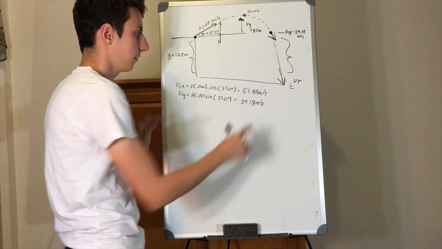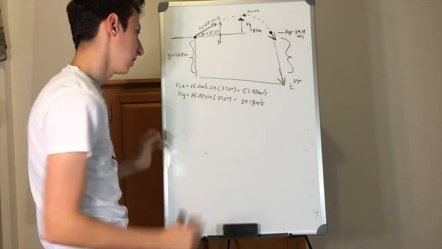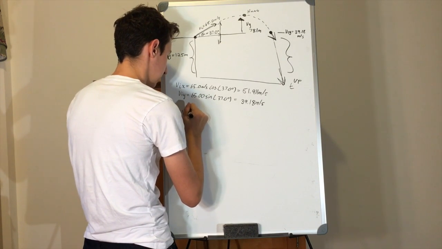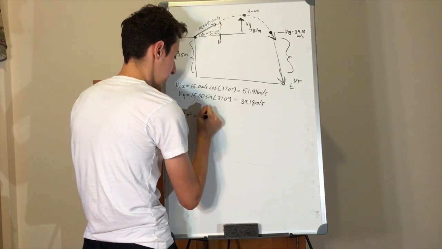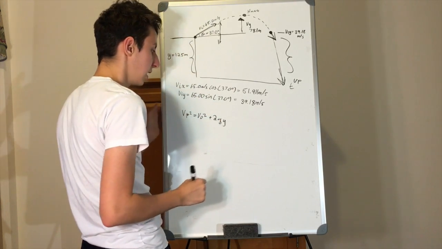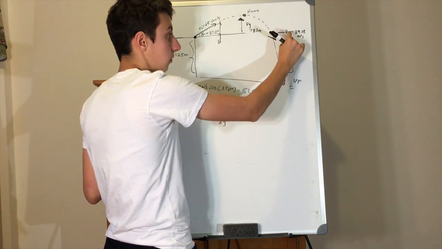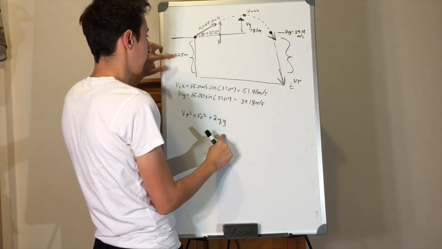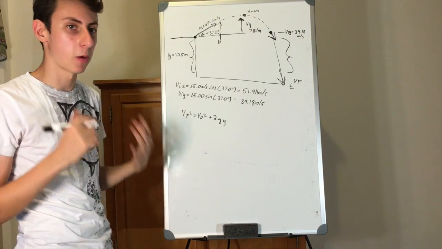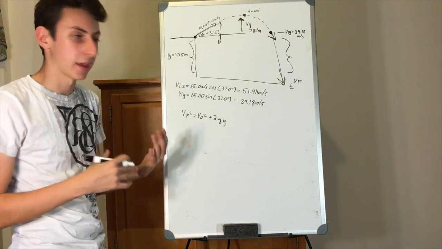So in order to find the final velocity, what we can do is use the equation final velocity squared is equal to initial velocity squared plus 2gy, since we're in the y direction. And the reason why we chose y velocity to begin with is because we have y height and we're using the y height, so we have to have velocity in the y component.